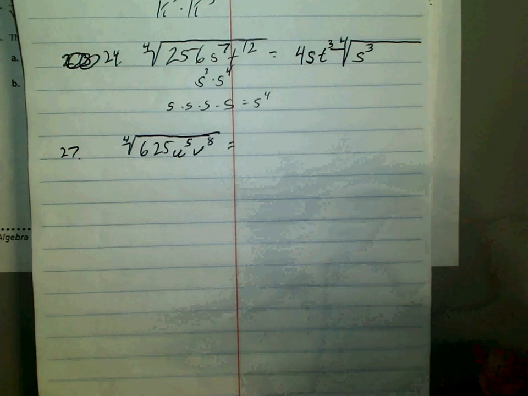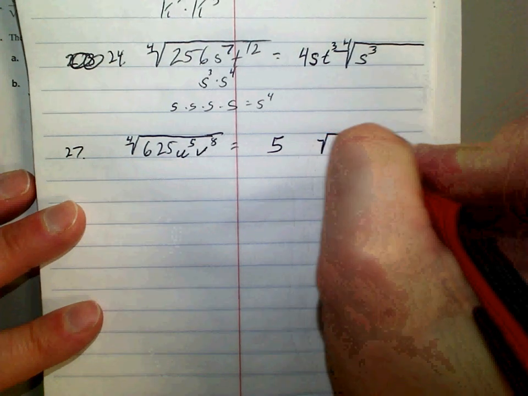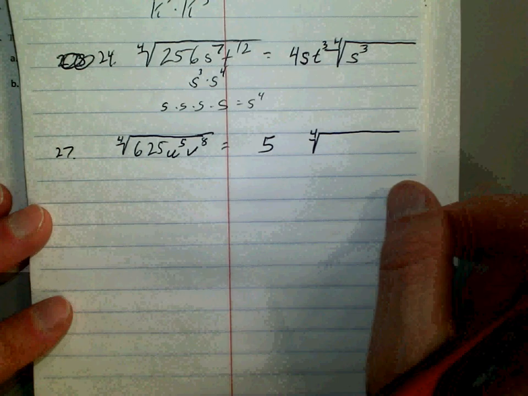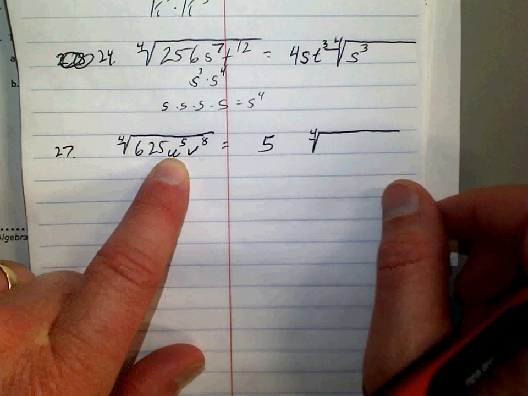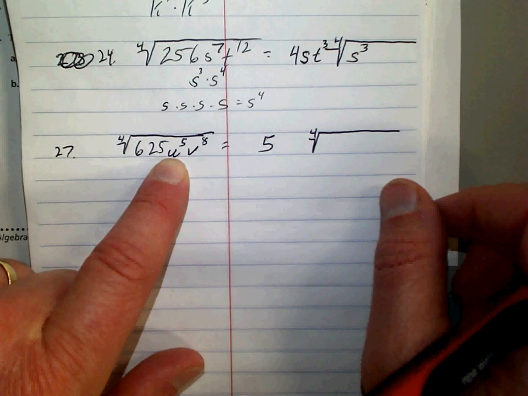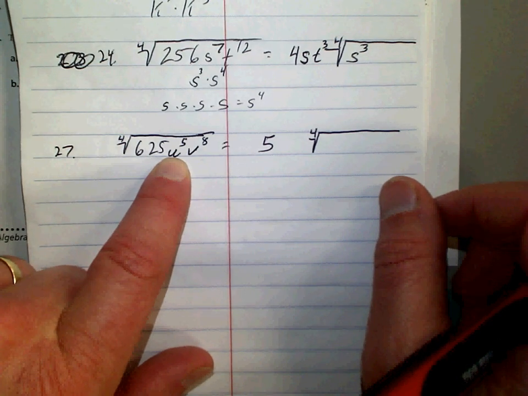Oh, thank you. I think there are some things that might end up still in the radical. Zane, does u to the fifth have a fourth root? No, it doesn't. Is there any factor of u to the fifth that we can use?